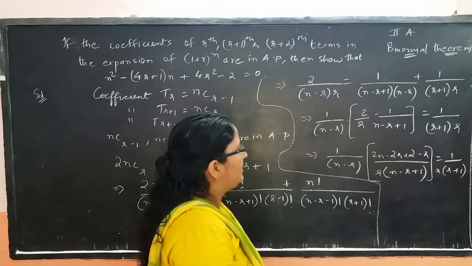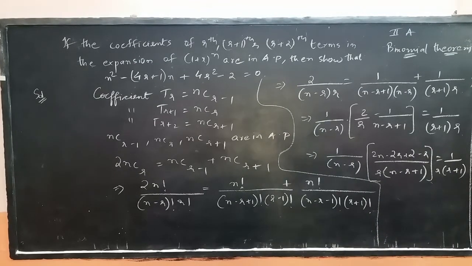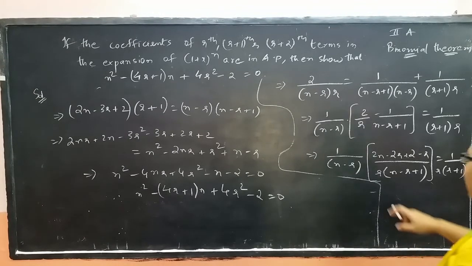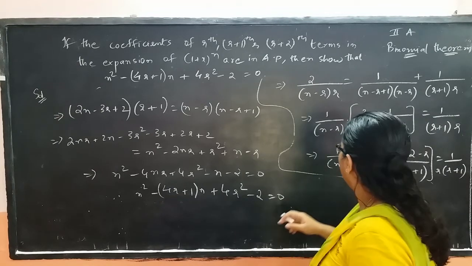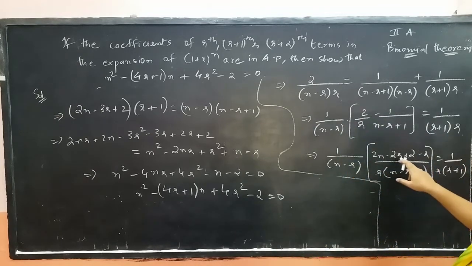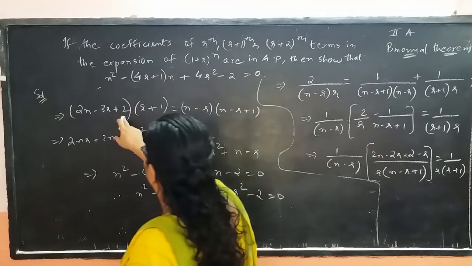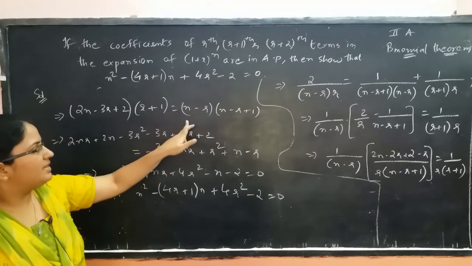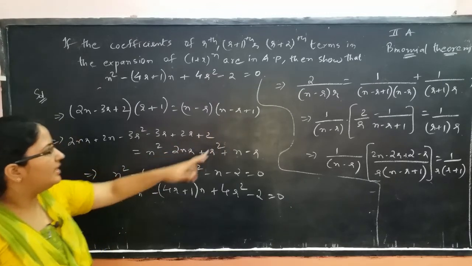So, after this, here 1 by r gets cancelled. Cross multiply: you have (2n − 3r + 2) into (r+1) is equal to (n−r) into (n−r+1).